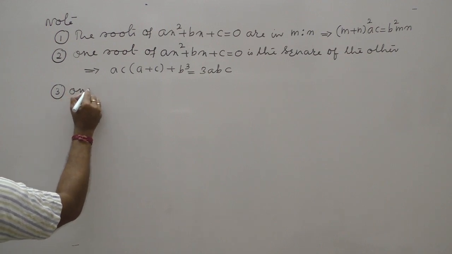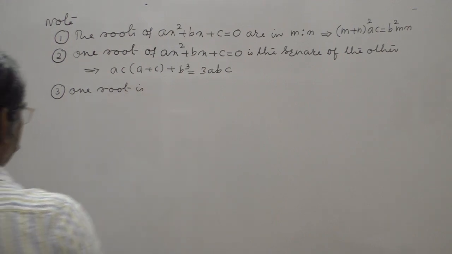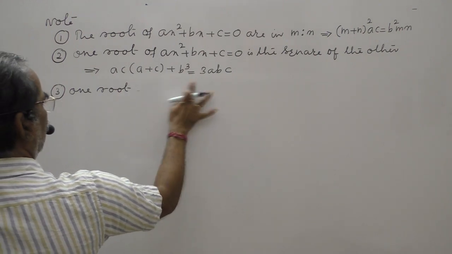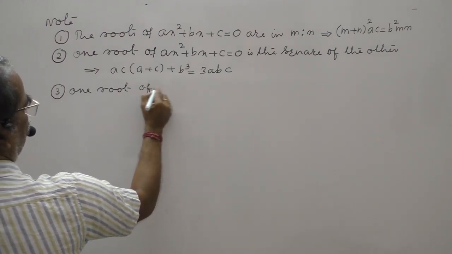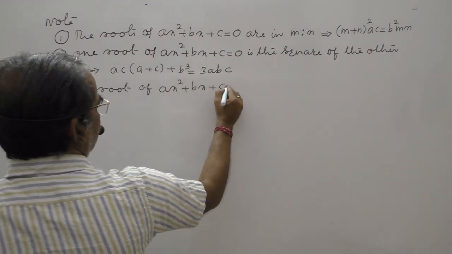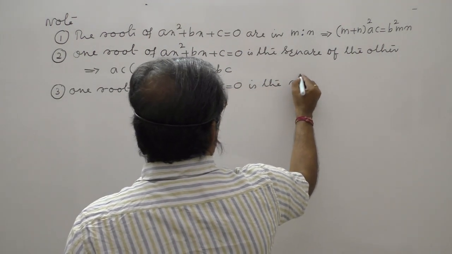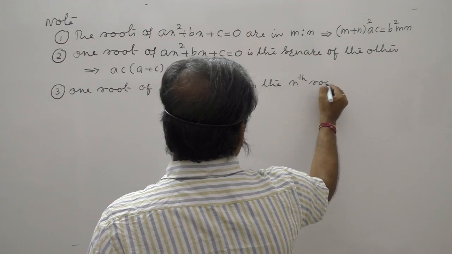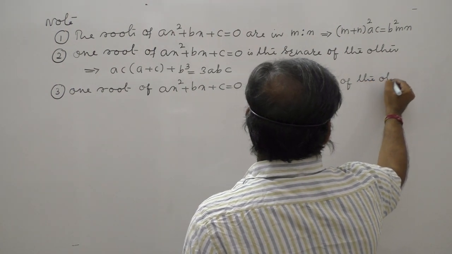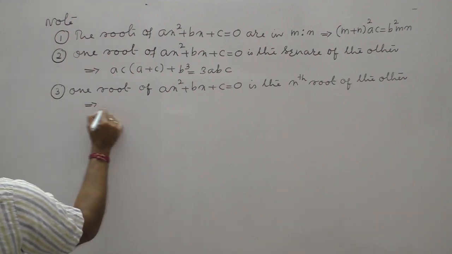If one root of this equation ax square plus bx plus c equal to 0 is the nth power of the other, then what is the condition?